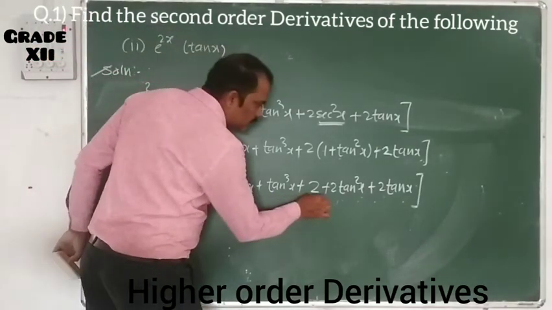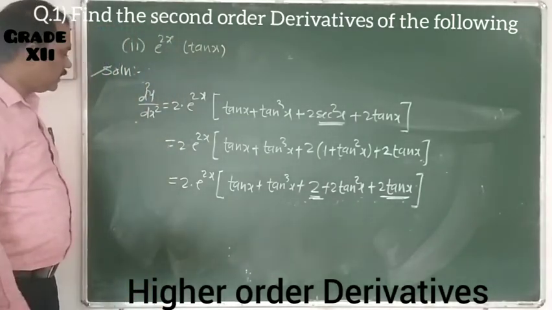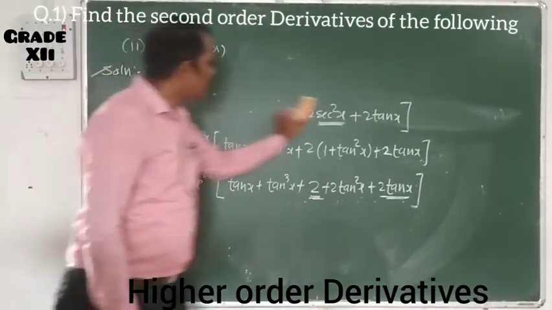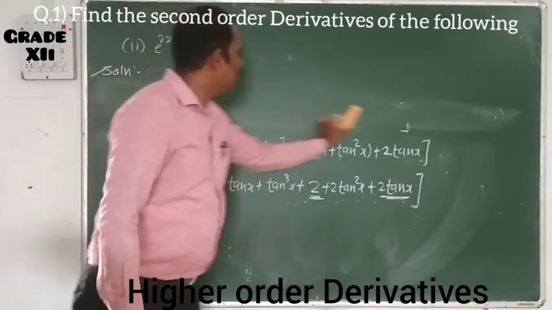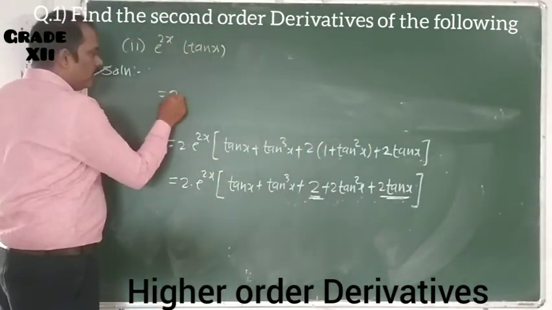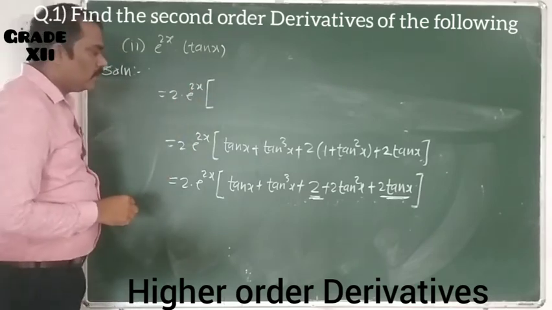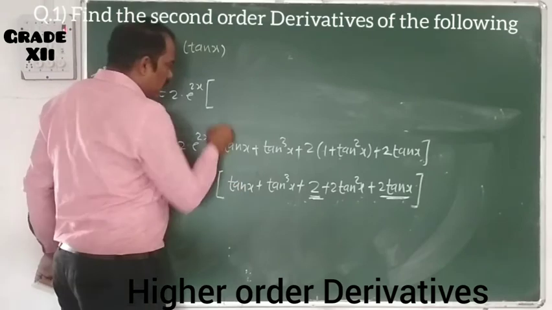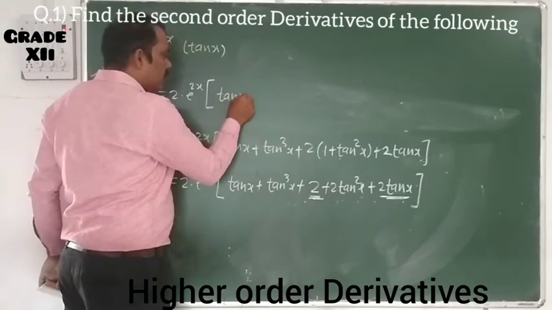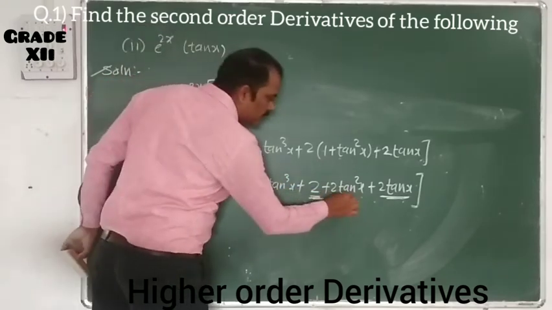We have to collect this term, so what you write is 2 into e raised to 2x into bracket tan x plus, here 2 tan square x, from that we split this.